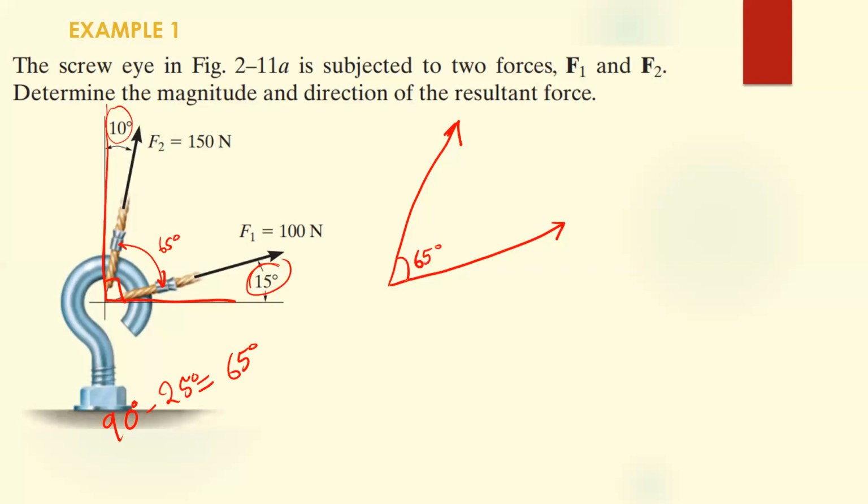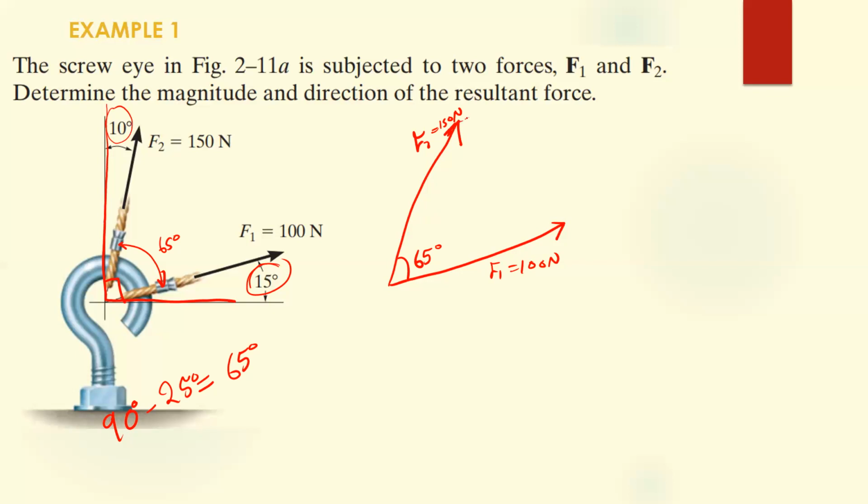And then apart from that, we have F2 here, which is 150 newtons. Then we also have F1, which is 100 newtons. From there, let us now draw the parallel sides to make this a parallelogram.